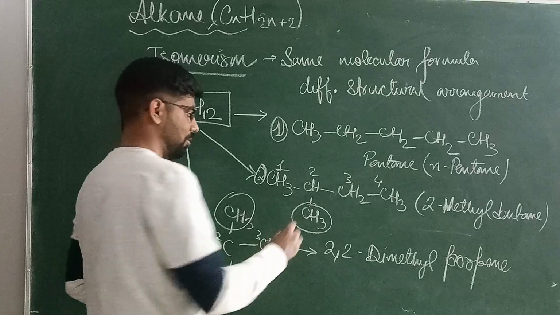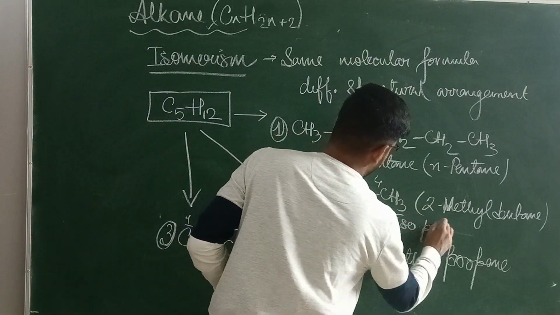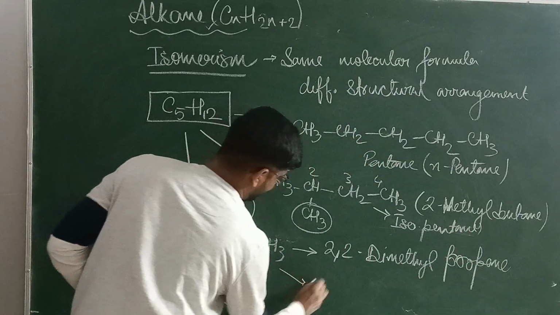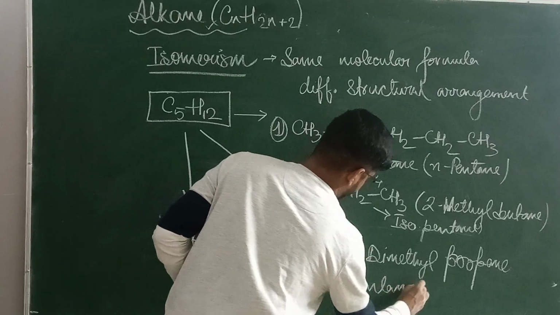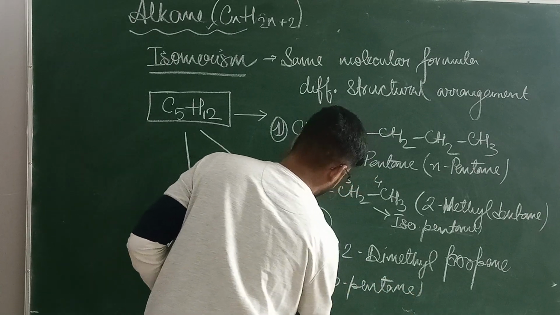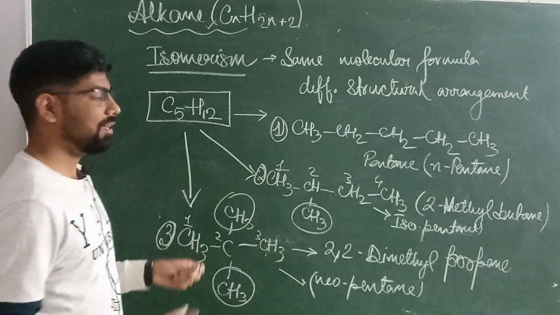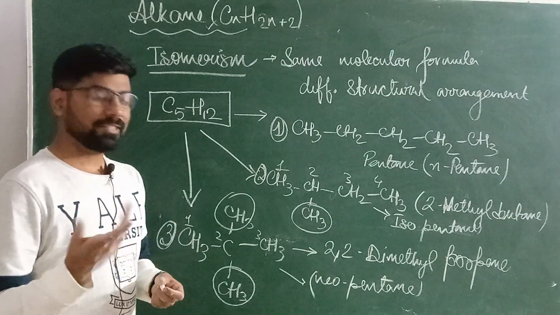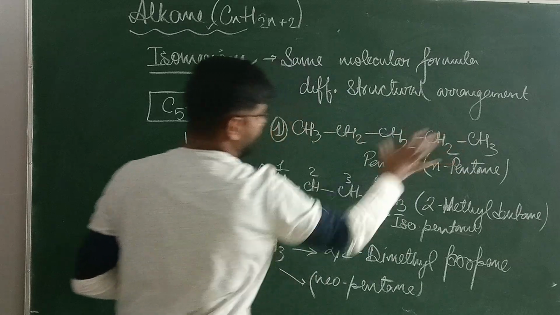This has a common name also. Its common name is isopentane, and this common name is neopentane. Right? So as you can see, I am giving you a spoiler, but after that I will again do the physical properties individually. But see, this one has a large surface area.